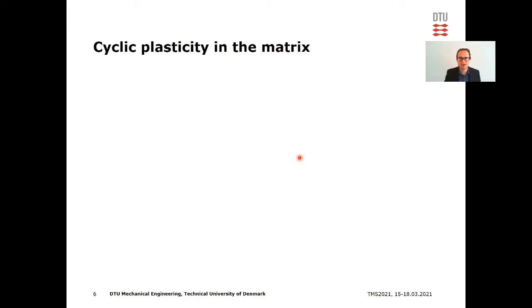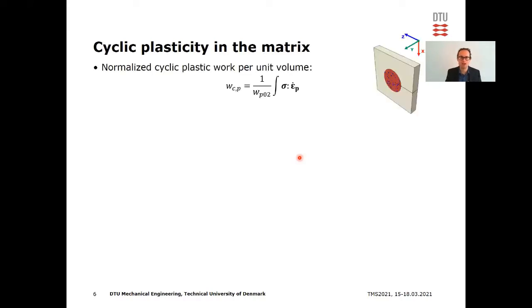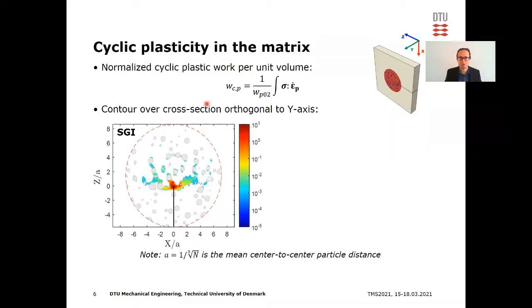In order to identify the amount of plasticity forming in the matrix, we computed the plastic work during a loading cycle, and we normalized this quantity by the plastic work for monotonic loading of the composite up to the macroscopic yield point. And here is a contour of this normalized cyclic plastic work over a cross-section perpendicular to the thickness of the model.